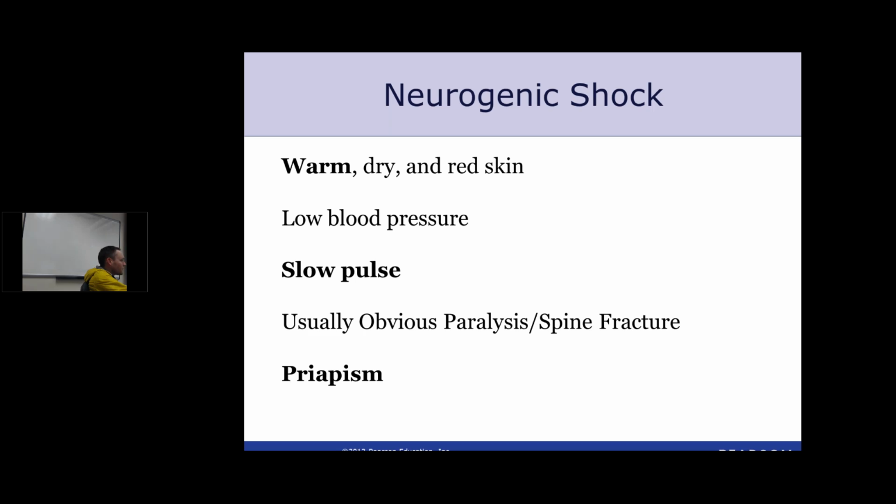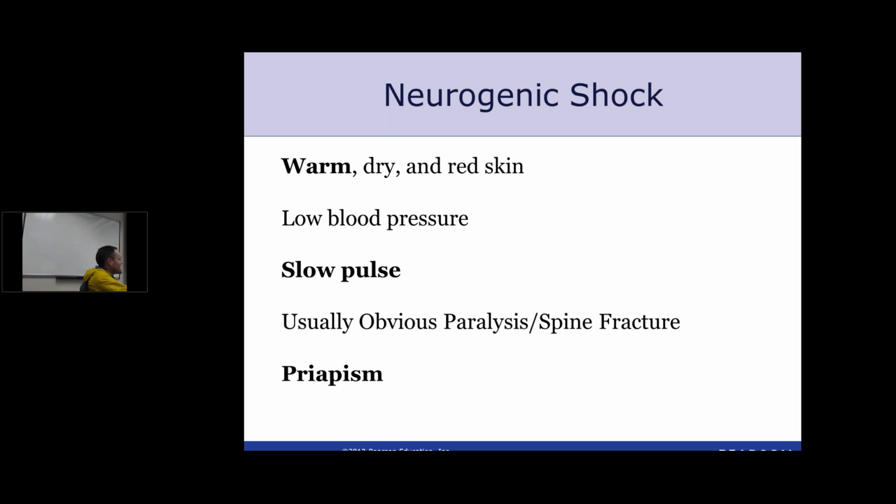Question again, though, because you said that with neurogenic shock it causes the peripheral vasoconstriction. Right. Well, yeah, the erector pili muscles are controlled with the sympathetic drive, and my patients that I've seen with spinal cord injuries are usually cold and clammy. Now, I understand the reasoning behind the warm, dry, and red skin, and you know what?